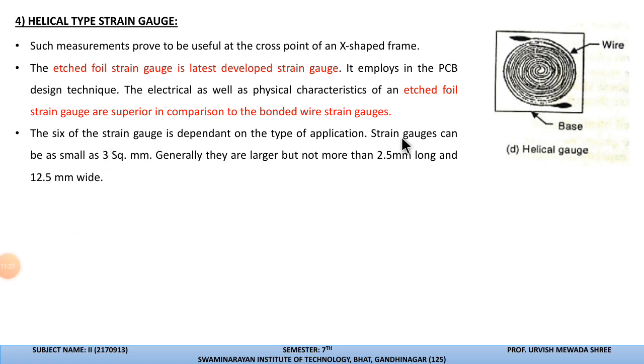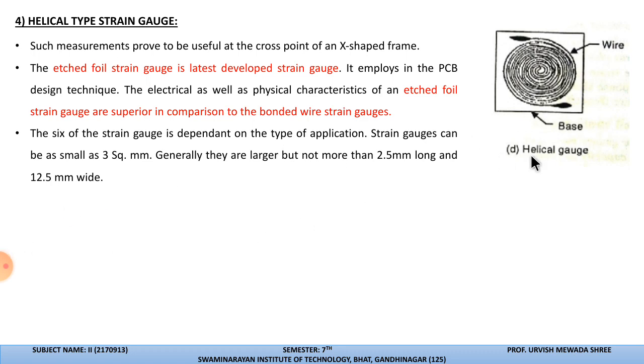Basically the size of the strain gauge is dependent on the type of application, and the strain gauge can be as small as 3 square mm. It is the gauge of the wire, and generally they are larger but not more than 2.5 mm long.